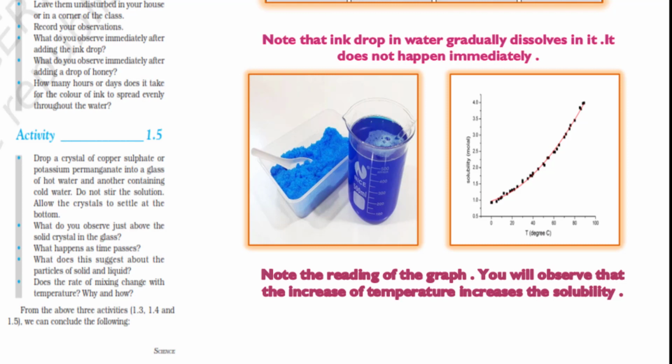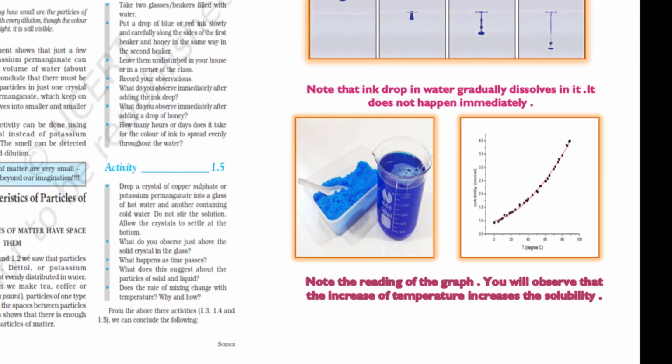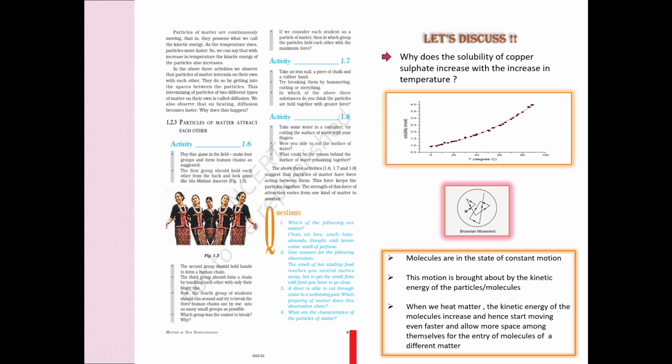But an experiment has been performed to observe if boiling water has some effect on the solubility of copper sulfate. To perform this experiment, boiling water was taken and copper sulfate crystals were added into it. It has been found that the solubility of copper sulfate increases. This proves that temperature definitely has an impact on the solubility of substances.